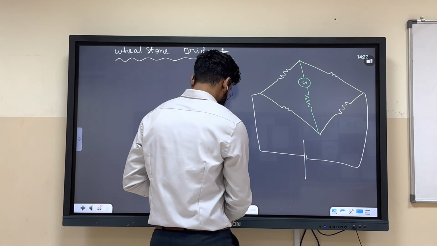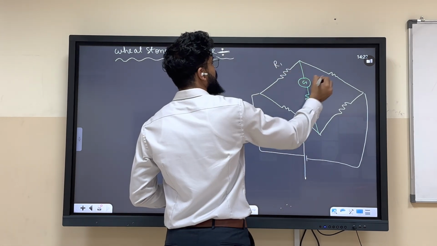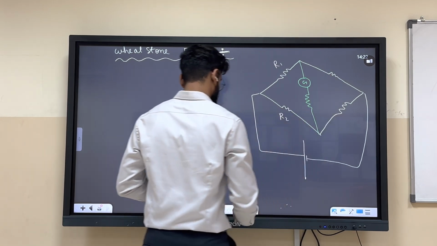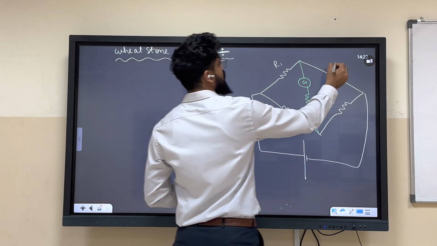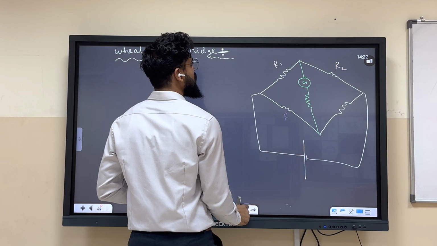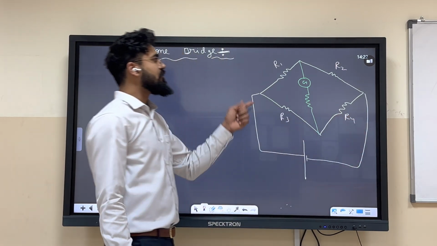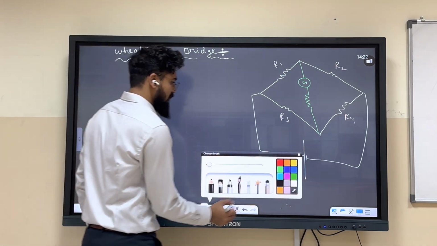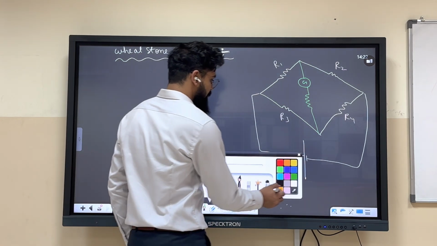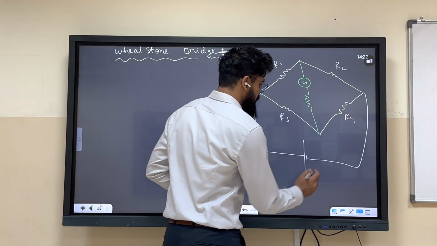Let's name these resistances R1, R2, R3, R4. So this is the case for Wheatstone bridge.